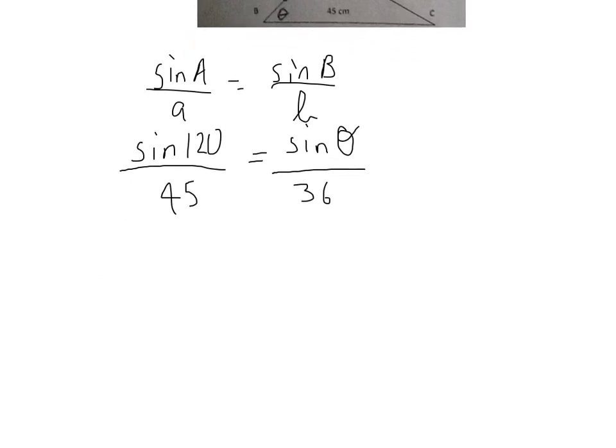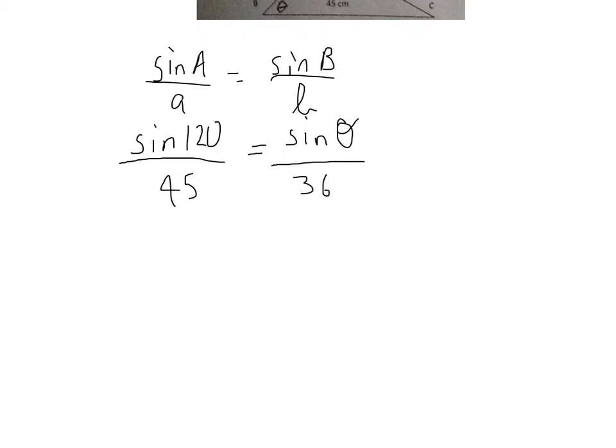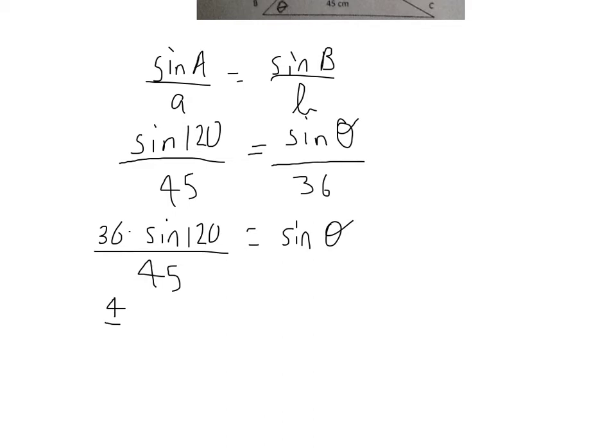The next step is to cross multiply. 36 times sine of 120, all divided by 45, is equal to sine of theta. Next, we simplify. 4 over 5 times sine of 120 is equal to sine of theta.